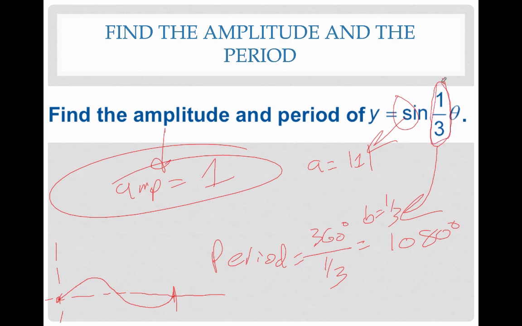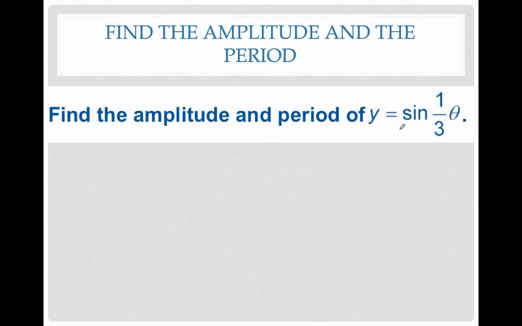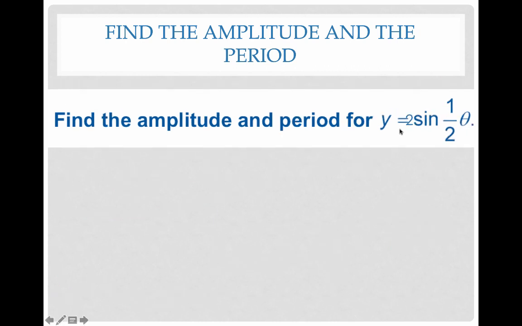So the 1/3 makes it go slower. Okay? Very drawn out. That's going to change things when we go to graph it. Okay. So amplitude is 1, period there is 1080.